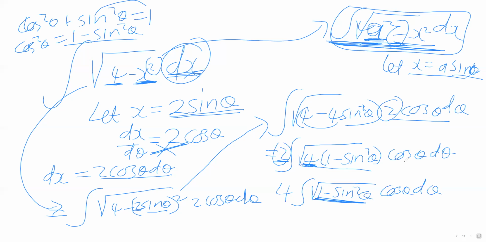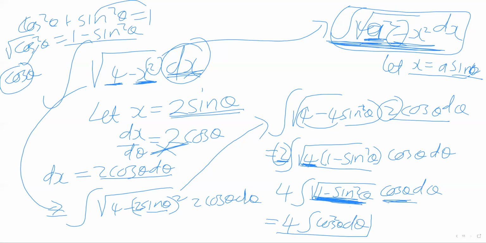So this is cos squared. But what's the square root of cos squared, because this is in the square root? It's cos theta. So this is just 4, and the square root of that is just cos theta, which will multiply with that cos theta to get what? Cos squared theta d theta.